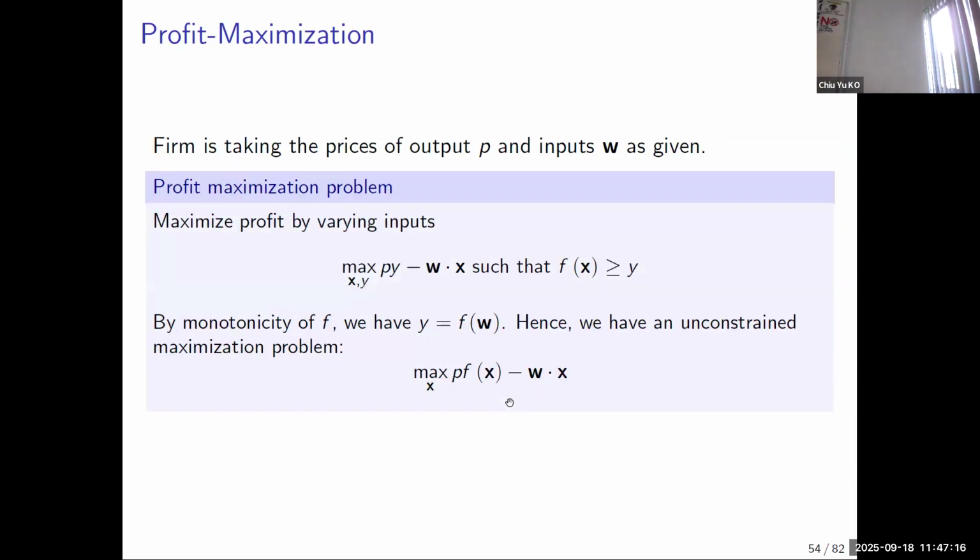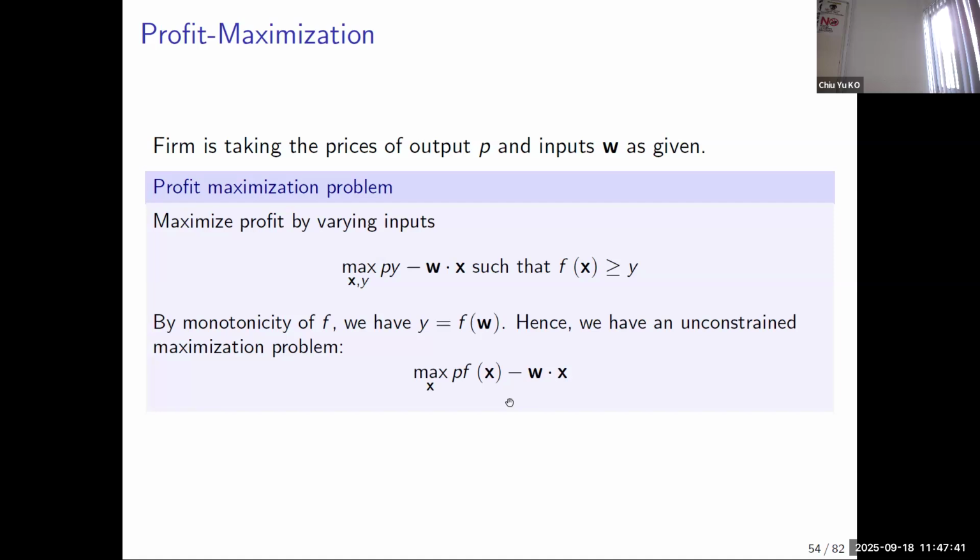Without using the math, look at this question, right? What we say is you change your input, such that you increase the input of i, and that would increase your revenue by P times the marginal product.